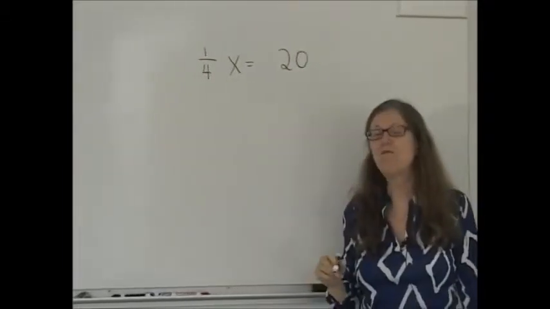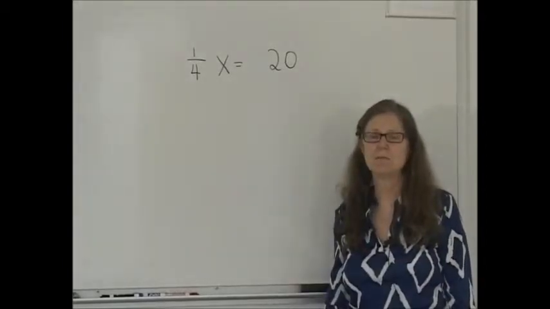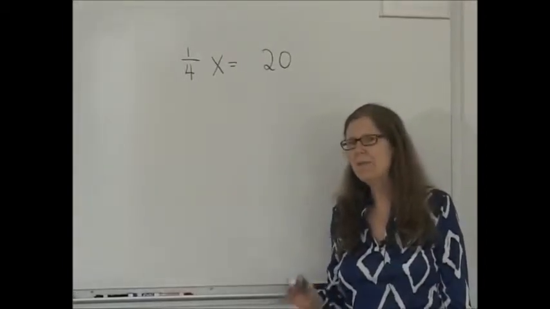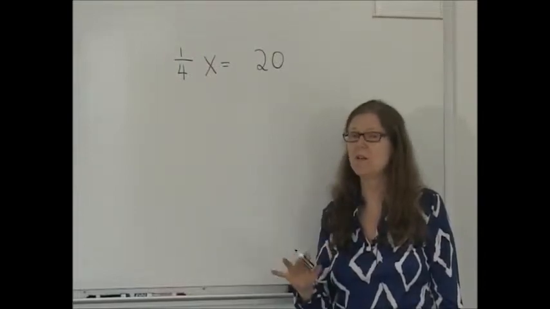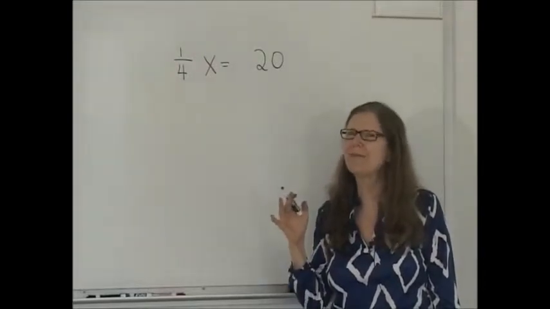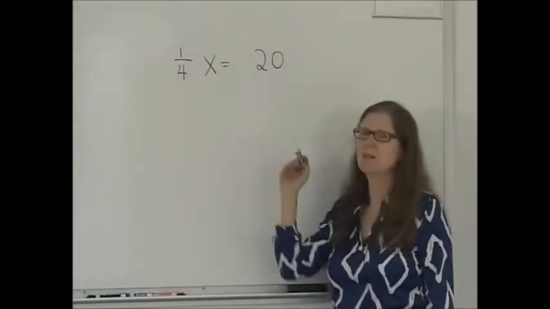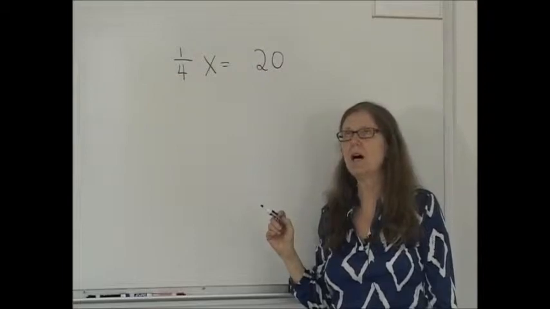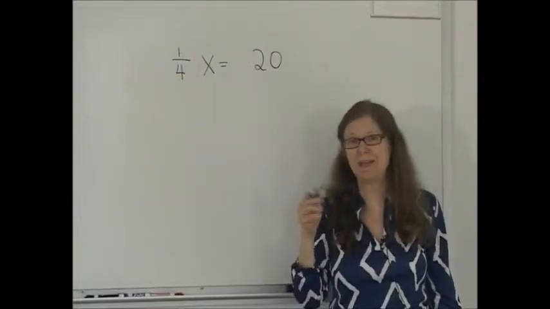Okay, 1/4 of x is 20. Now, this is starting to get into numbers big enough that you might not be able to figure out what x equals that easily in your head. If I said 1/4 of x is, let's say, 2, you might say, oh, x would be 8.